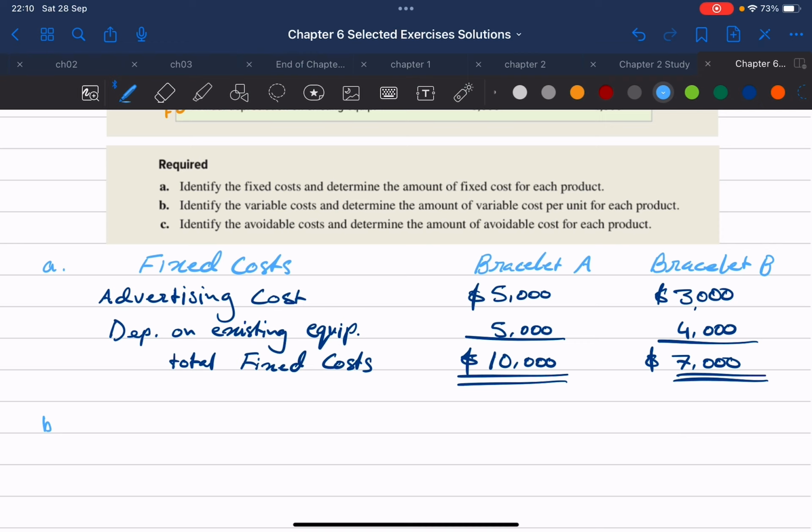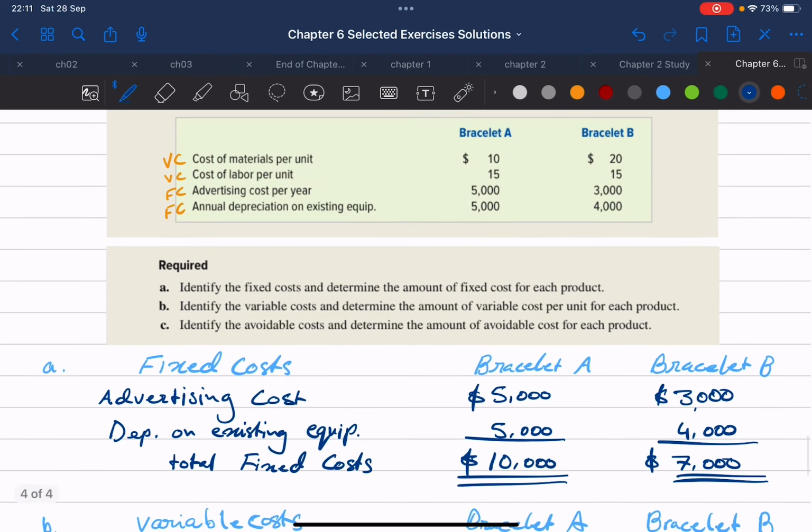Then B, we're going to do a similar thing, however this time for the variable costs. Variable costs for bracelet A, and for bracelet B. First, variable costs, cost of materials per unit.